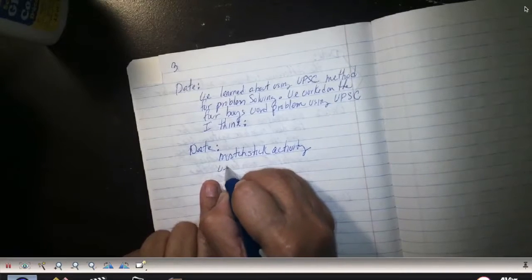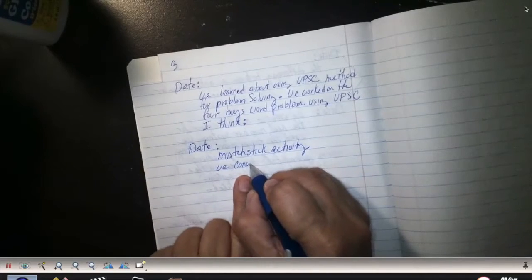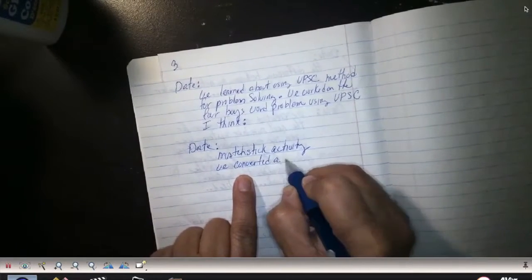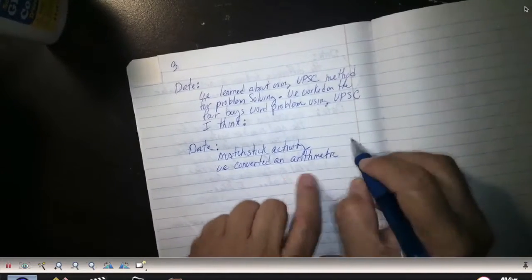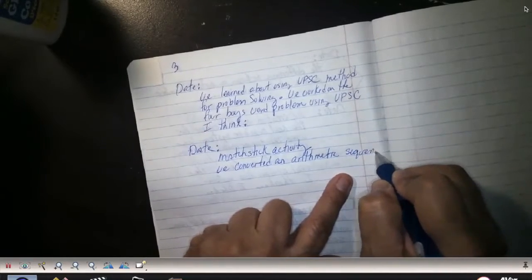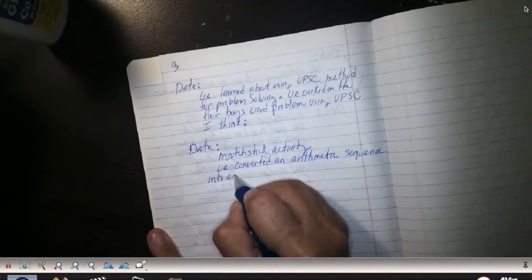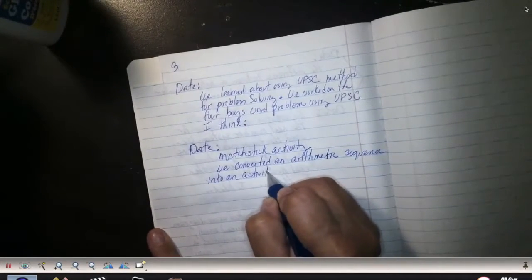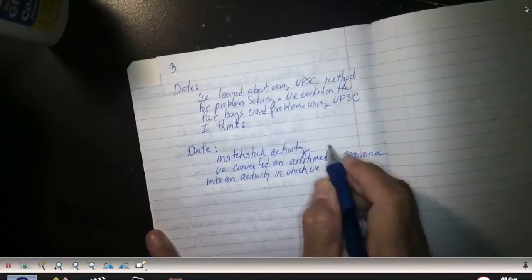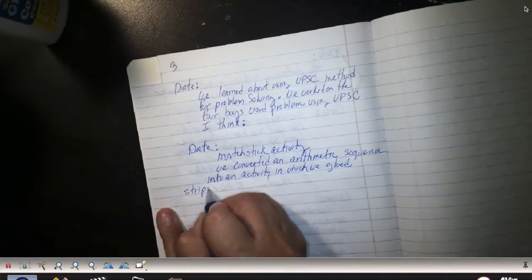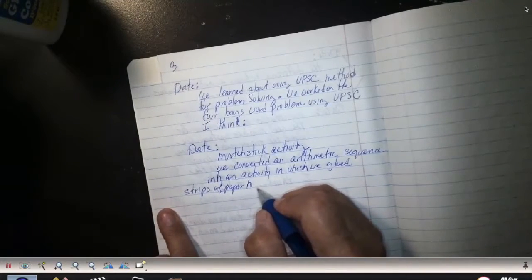So we converted, not we, right, the book did, but we converted an arithmetic sequence into an activity in which we glued strips of paper to form the pattern.